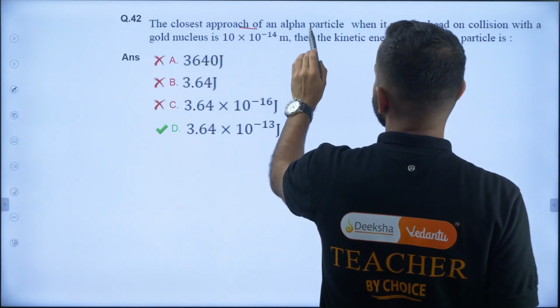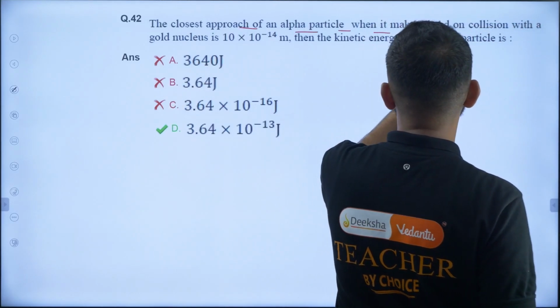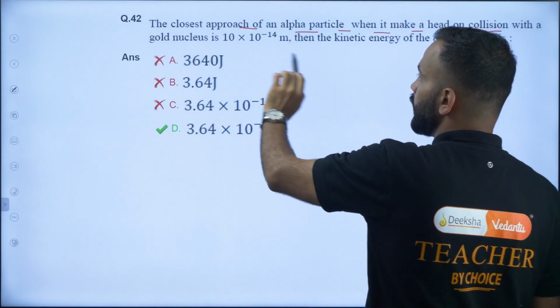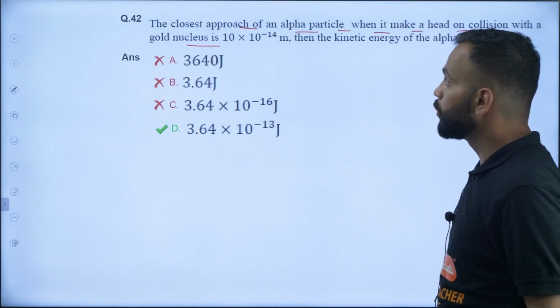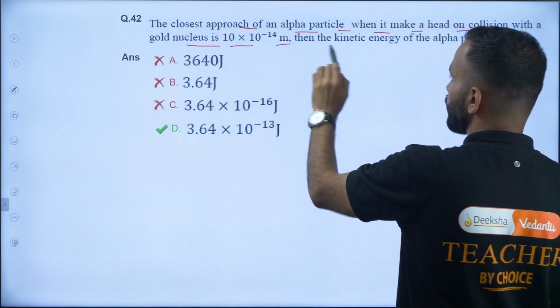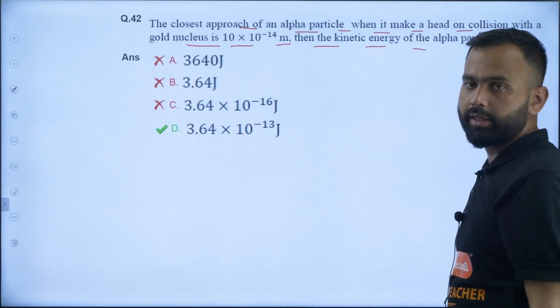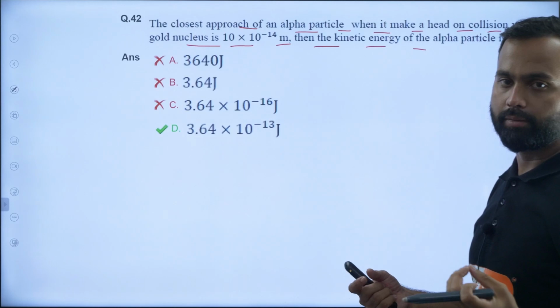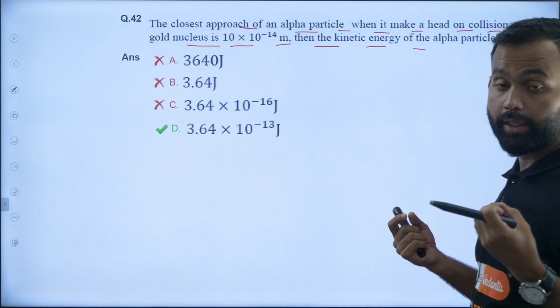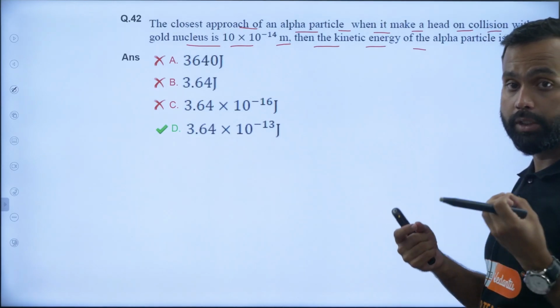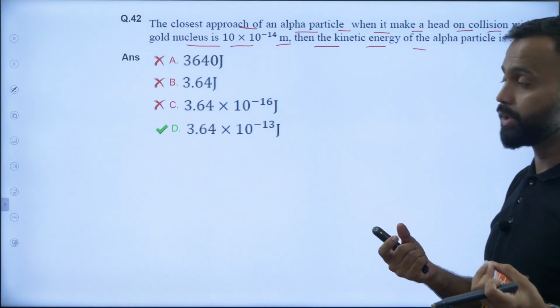The closest approach of an alpha particle when it makes a head-on collision with a gold nucleus is 10 into 10 to the power minus 14 meter. Then the kinetic energy of the alpha particle is, the simple one, right? At the distance of closest approach, kinetic energy completely converts into potential energy.